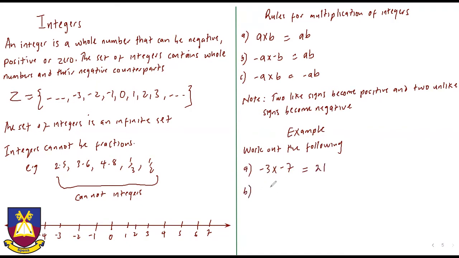If we have positive 4 times 3, positive gives us a positive 12. But if we had negative 5 times 4, negative positive gives us a negative 20. So that's how we multiply integers.